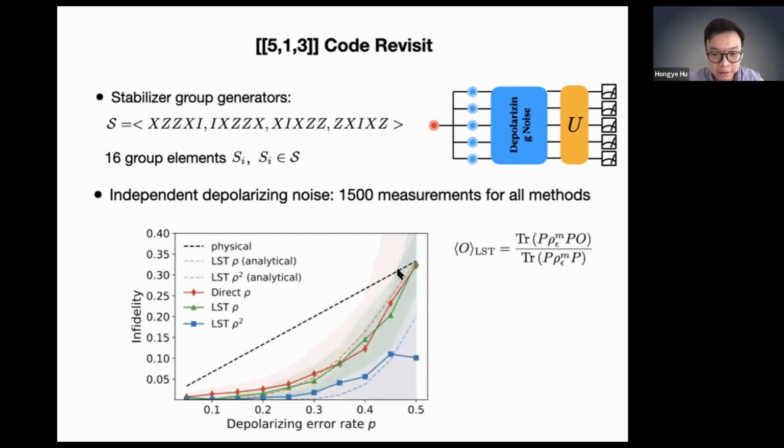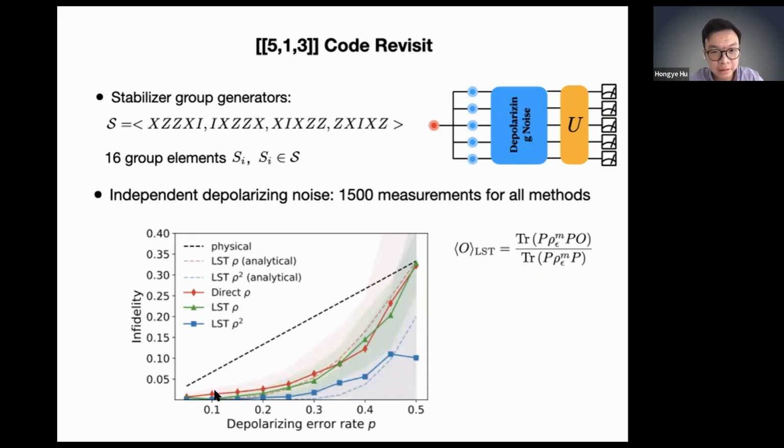In this figure, all the dashed lines are the theoretical results, and the solid lines are the practical results from the sampling. Let's first take a look at the theoretical results. If one does not use any quantum error correction code embedding and the physical qubit is subjected to depolarizing noise, then this black dashed line indicates the infidelity of this qubit with respect to different error rates.